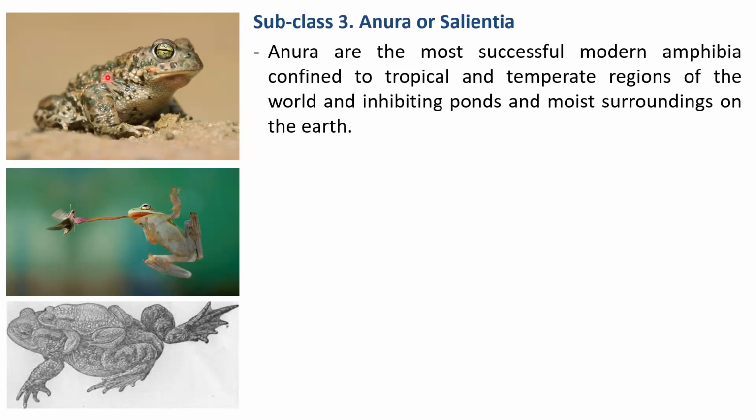We can call them frogs. They are found in the tropical region, in the temperate region, and throughout the world, inhabiting ponds, lakes or moist surroundings, where there is moist ground and mud. They are present in those places on this earth.